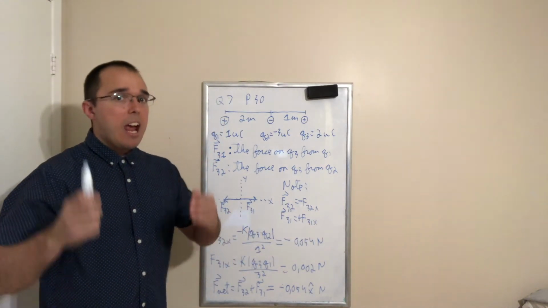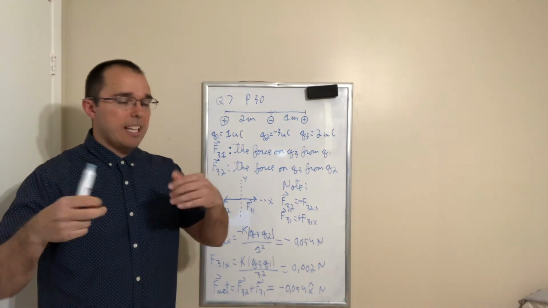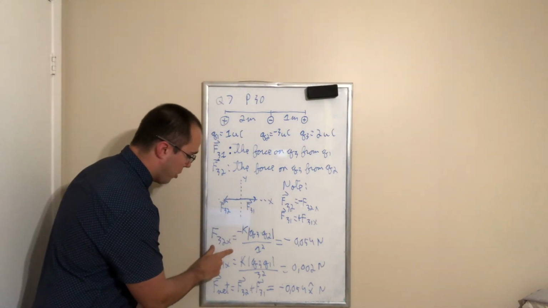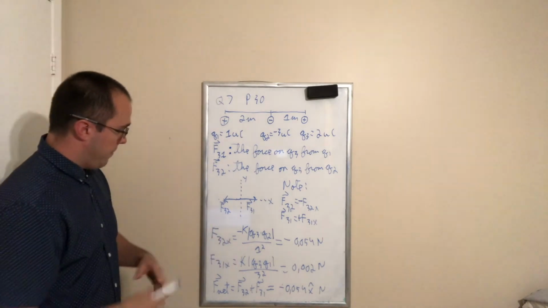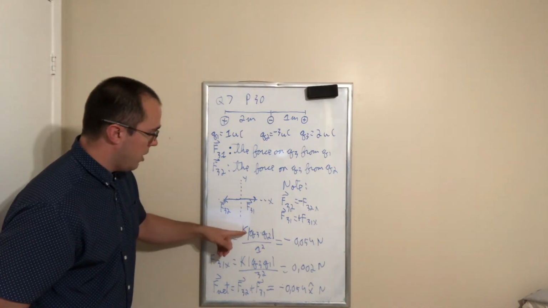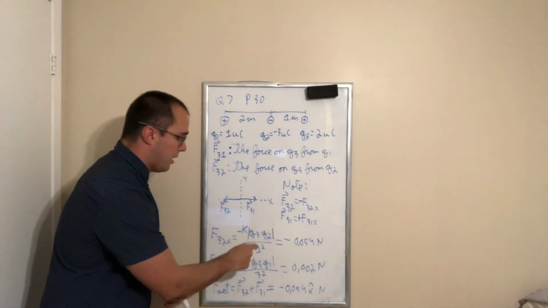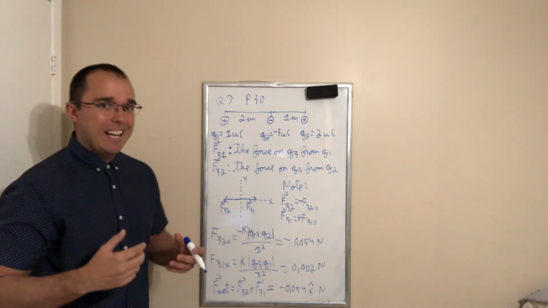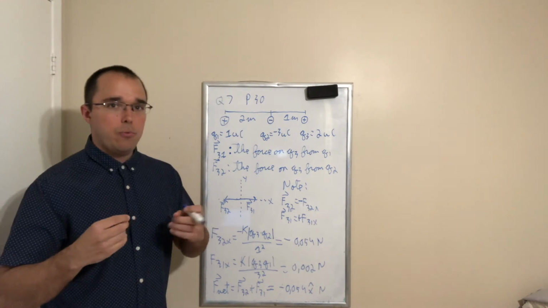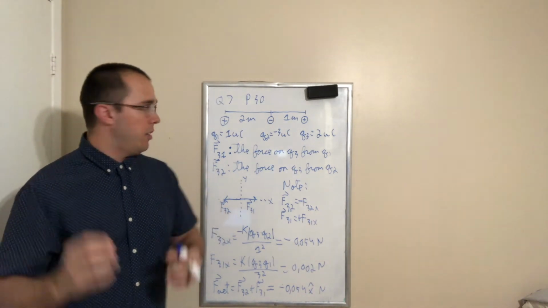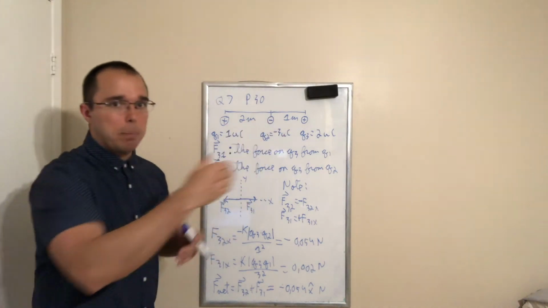Now the next part is we will write down the Coulomb force formula. This formula is simply the Coulomb constant times the charges over the distance squared. I always use the absolute value for the charges because the minus of the charge is used to find the direction, and I find it way easier and more intuitive to simply look at the diagram and add the plus or the minus.